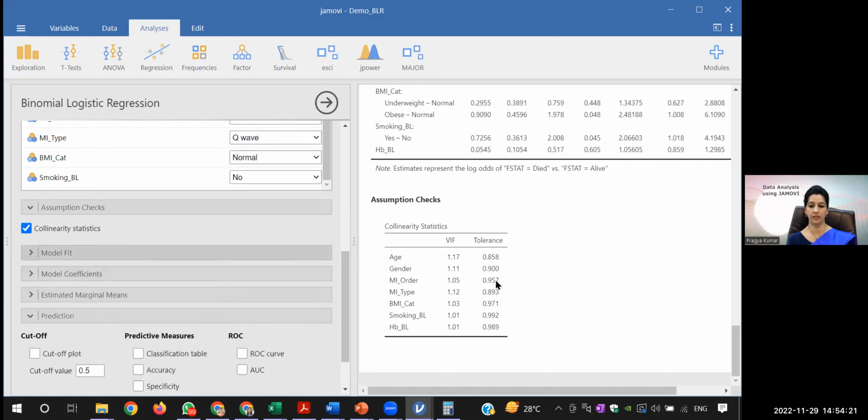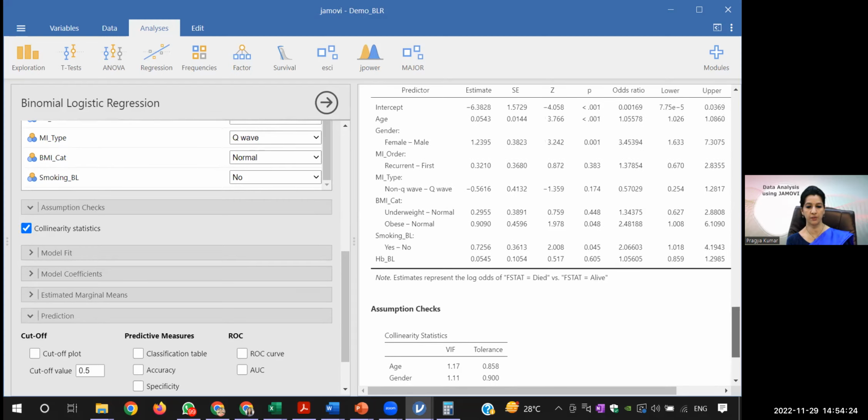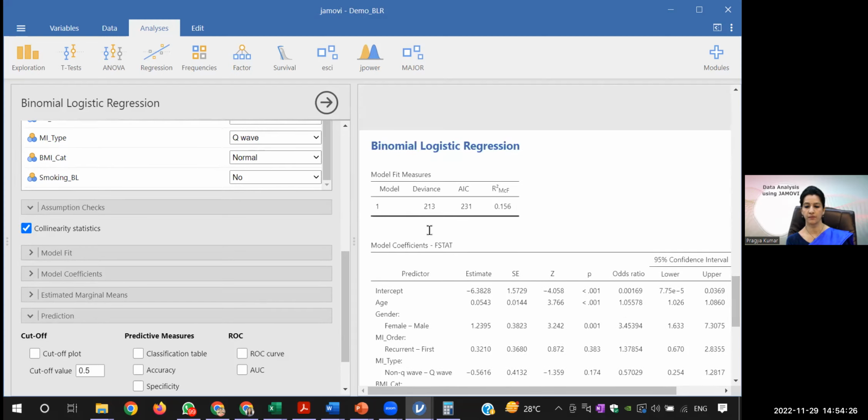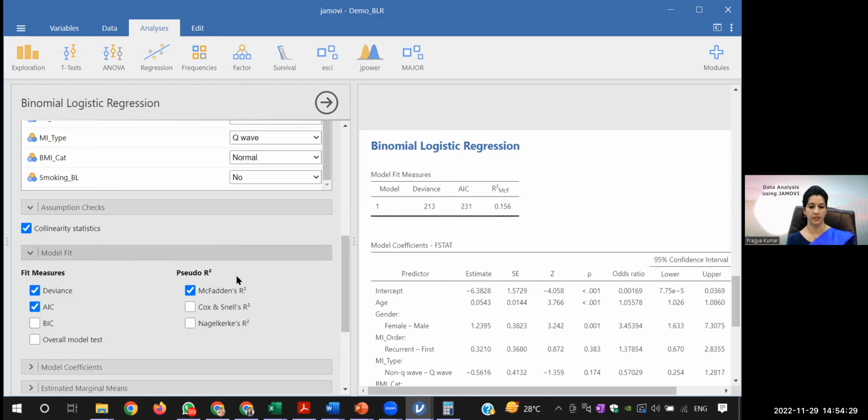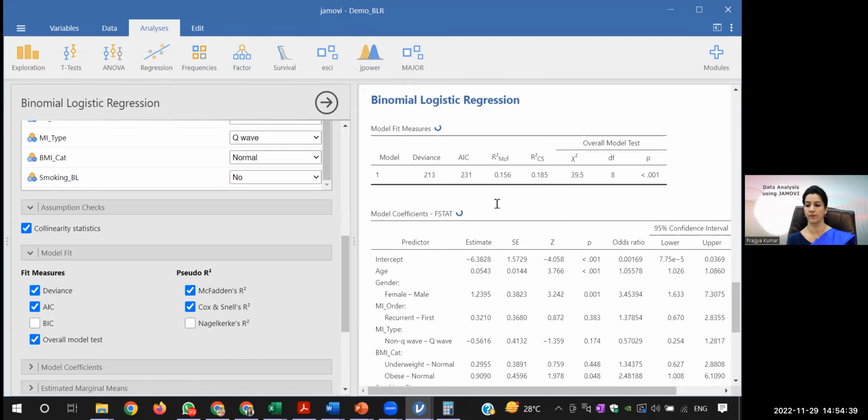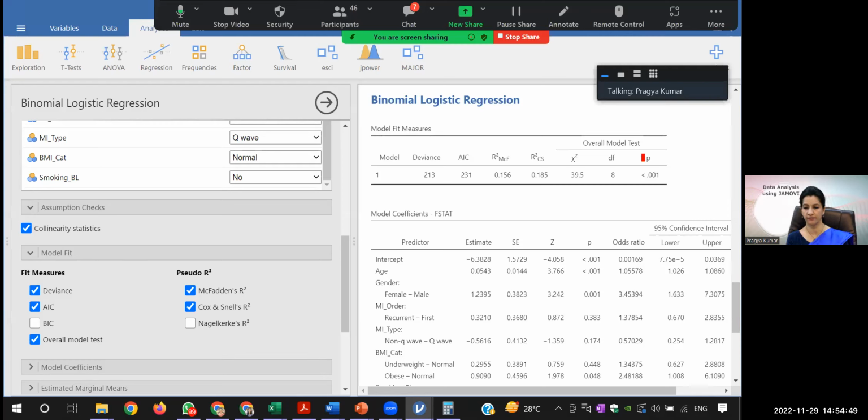This is the overall model fit. Again you can click on Cox and Snell R square, and then click on the overall model test also. If you click on the overall model test, you will see that this p-value is significant, and this is the R square, the McFadden. There are 3 types of R square.